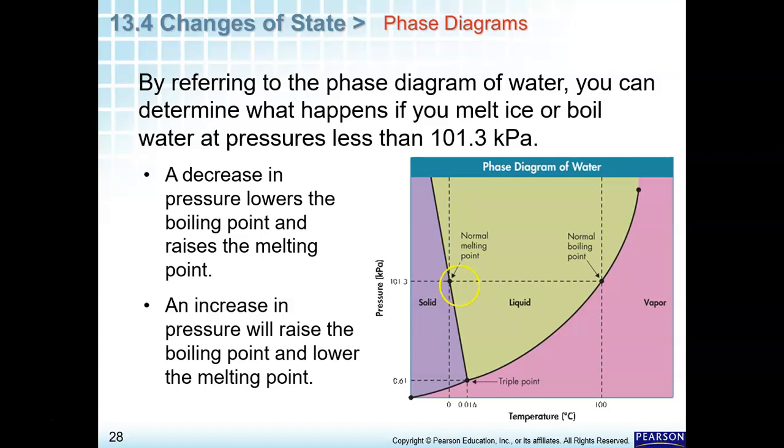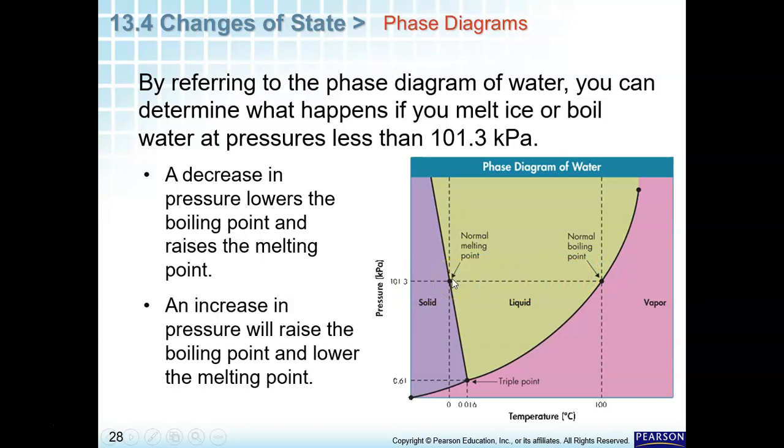So that's the normal boiling point. Right here, there's 101.3 kPa, or you might see phase diagrams that have 1 atmosphere. That's a standard atmosphere. And so we say the temperature where a substance melts or boils at the standard atmosphere is the normal melting point and the normal boiling point. So we're going along this standard line.